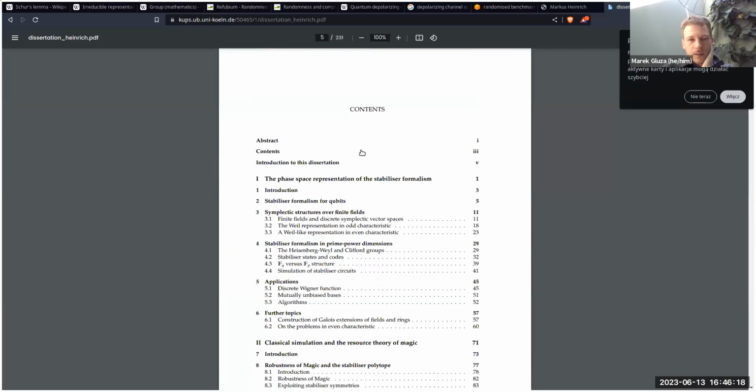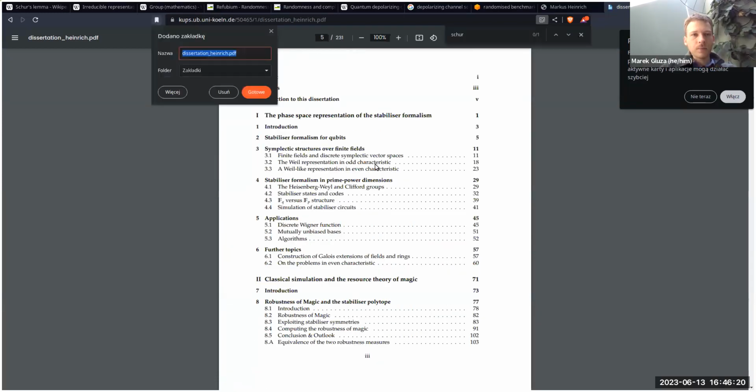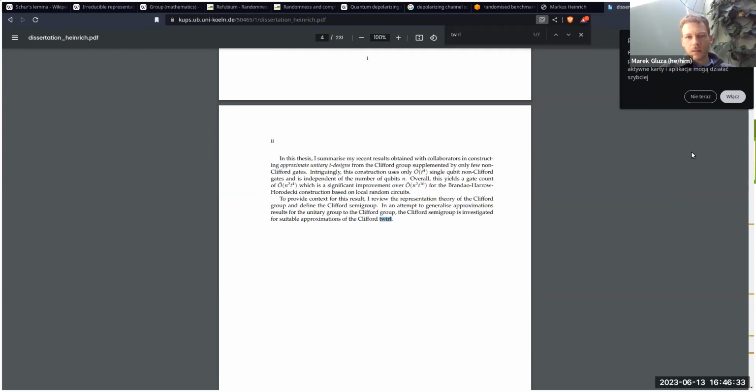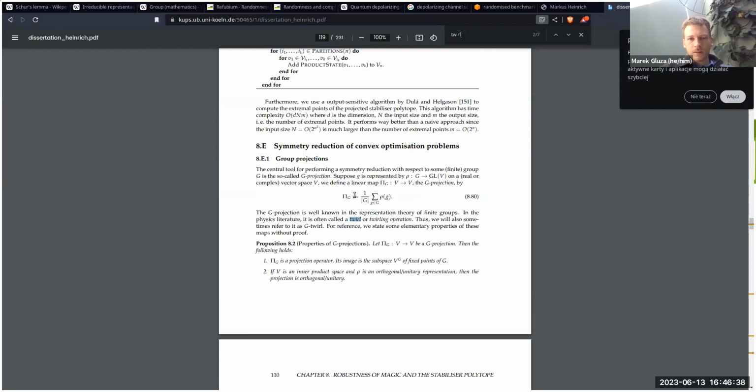And you will find the depolarizing... Yeah, he doesn't describe it here, but twirling will be there. Huh? Twirl. Clifford twirl. Okay, twirling operation, group projection, and so on.